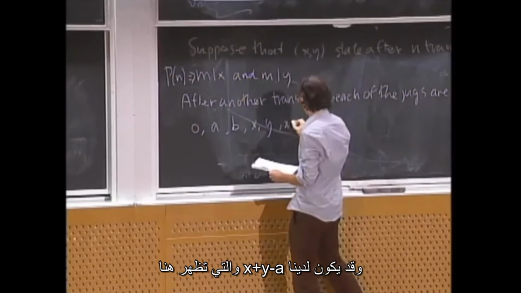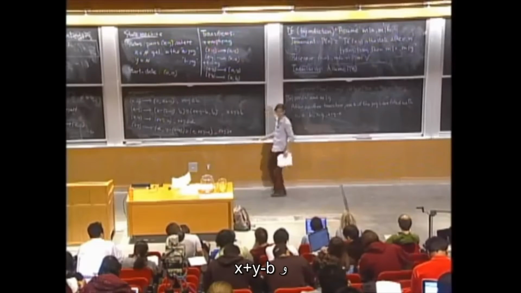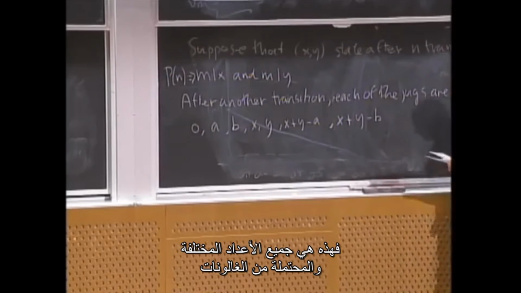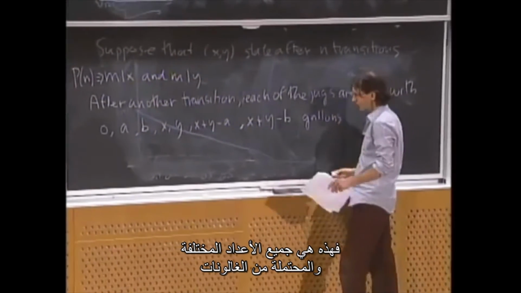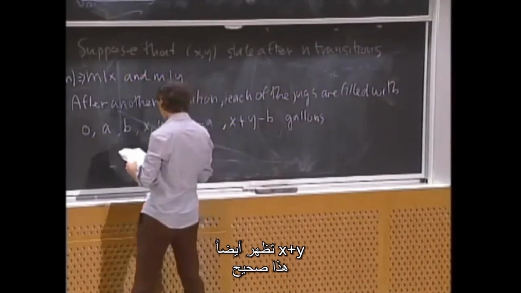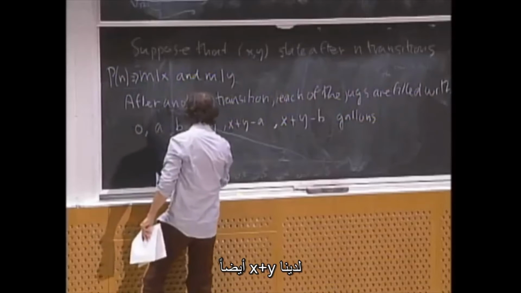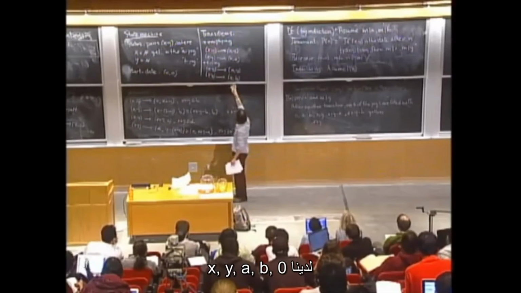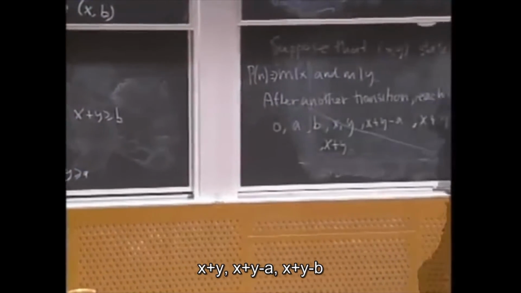And we can have X plus Y minus A, and X plus Y minus B. These are all the different possible number of gallons. The X plus Y, oh yes, that's also present. Actually, it's good to check that again. So we have 0, X, Y, A, B, X plus Y, X plus Y minus A, and X plus Y minus B.